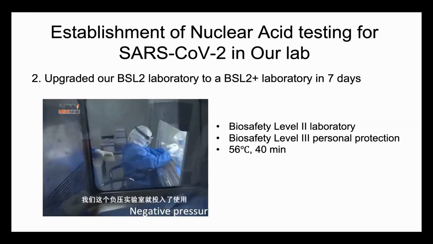We also upgraded RNA extraction space to a negative pressure room. Then later, we did 56 degrees for 4 minutes treatment for all respiratory specimens to inactivate the virus.